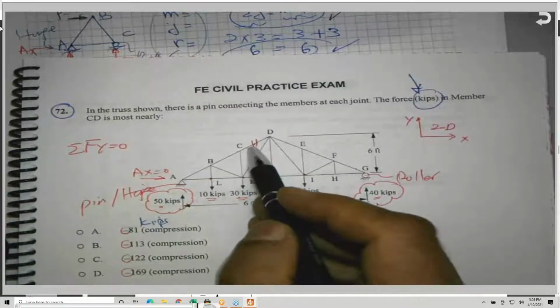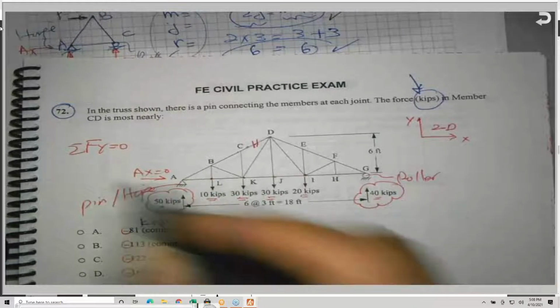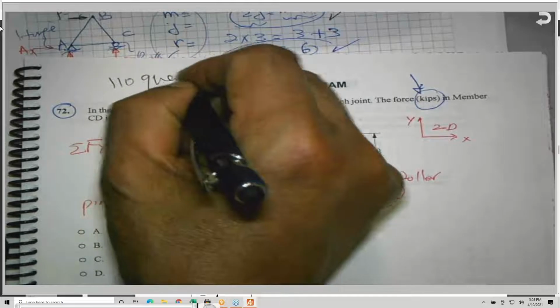If you like to use the method of joints to reach this member, oh my God. And remember how many questions we have? We have 110 questions. And how much time do you have?